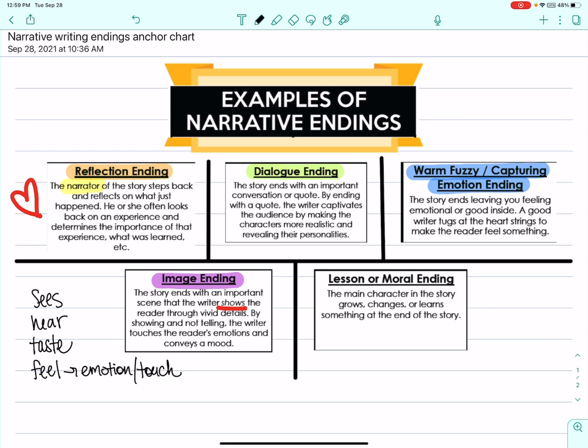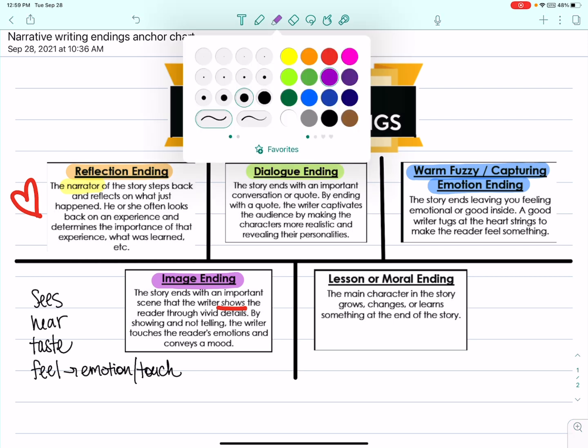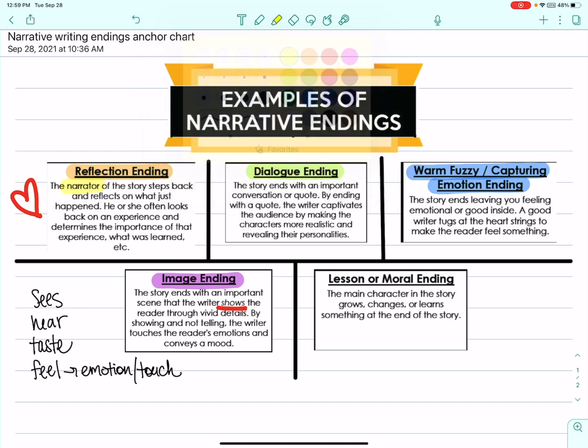All right. Let's go ahead and move to our last, which is our lesson or moral ending. Now, many of us already spoke about this, and so you may have already determined what your lesson or moral will be of your story.